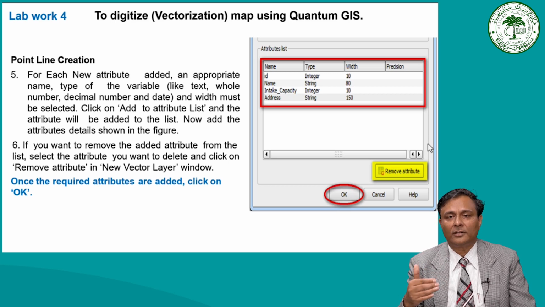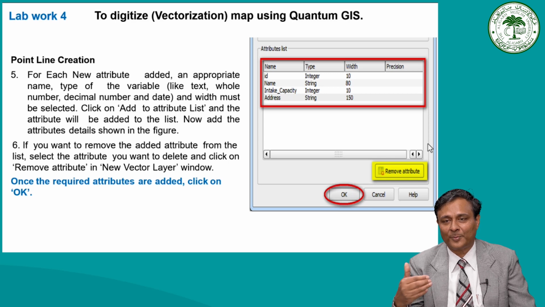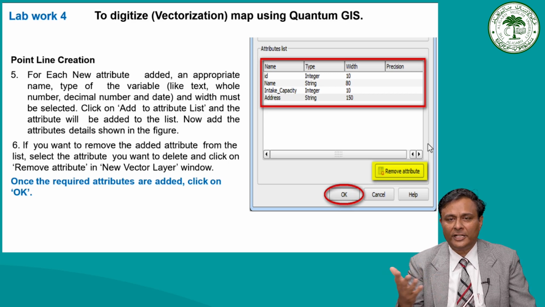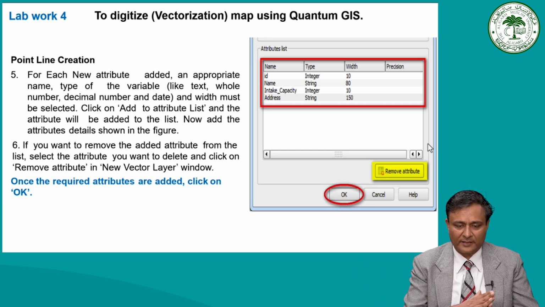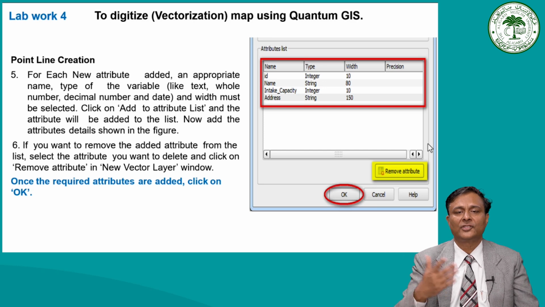So add the appropriate name, and the type of the variable, whether it is text or whole number or decimal number or date. All these are digits, but they are different ways of representing the digits in numbers, the values. So there is an option, and you can select it. Width must be selected. If the text is too long, then you can change the width.